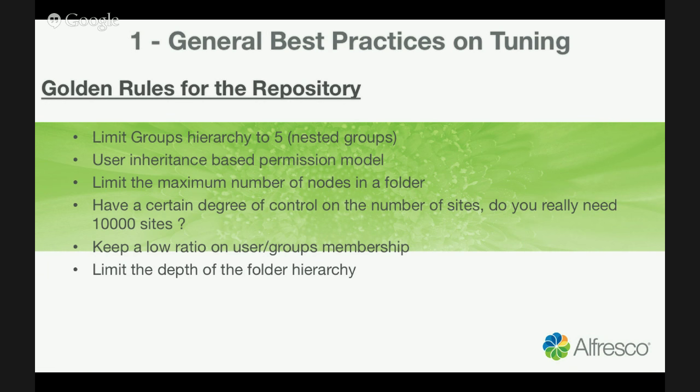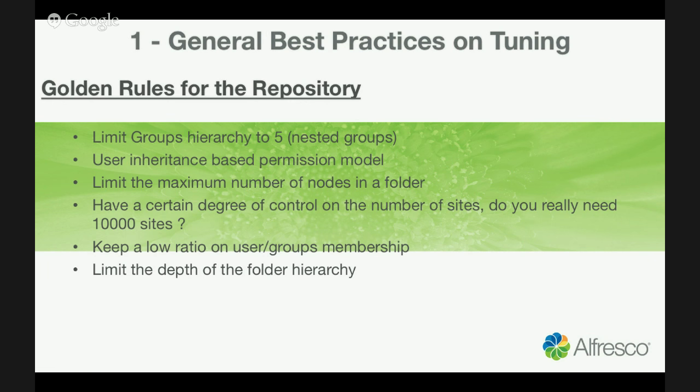We know from our internal benchmarks and also from understanding how the product works and how we check permissions on the nodes, that a group hierarchy of more than 5 is considered a fairly complex permission group hierarchy that can lead to longer queries while checking ACLs.